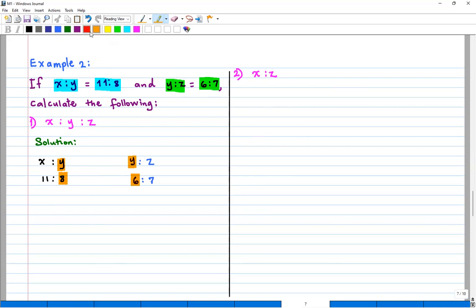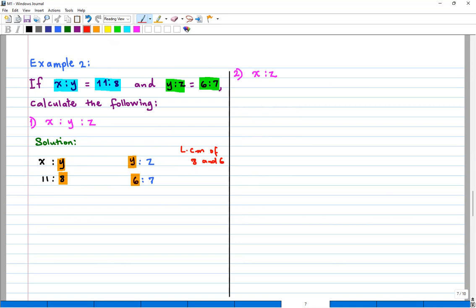Now, let us get the LCM of y that is 8 and y that is 6. You get the LCM of the number that is appearing 2 times, the common number.